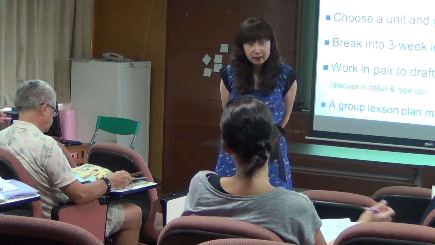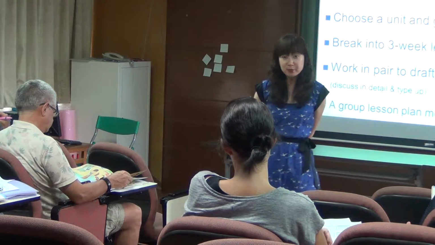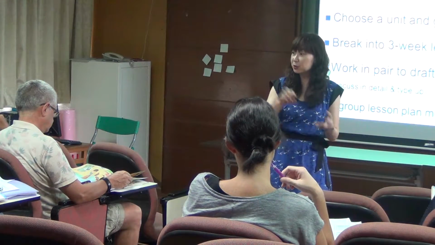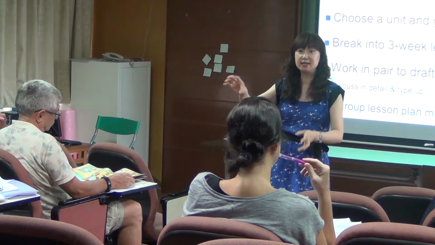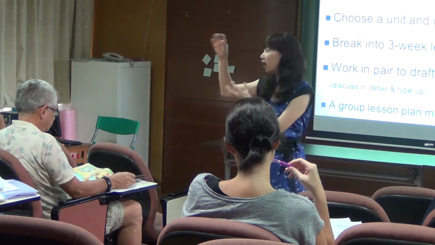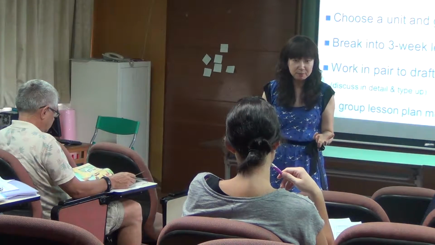Which means what? You probably have to make your own flashcard, because in the publisher's package, they probably don't have a word that says under, and then a picture of something under something, and then an on. So you probably have to make it yourself.